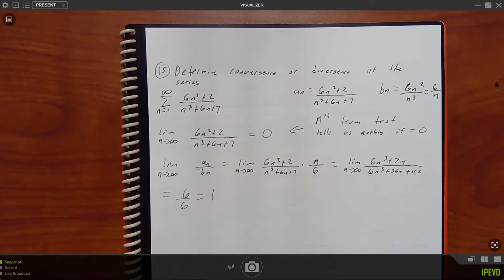So what does this limit comparison test say? If the limit is equal to 1, convergence. Both converge and diverge, or I forgot what it said.